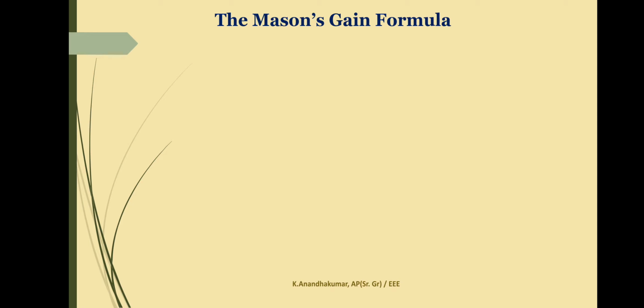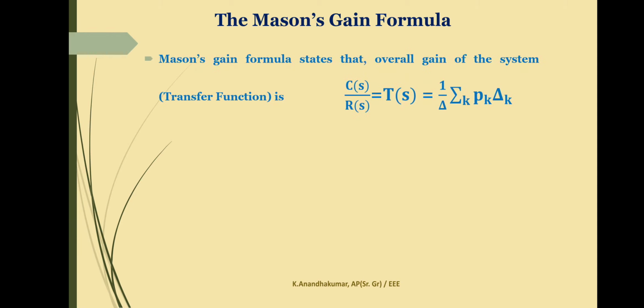Now let us see what is stated in Mason's gain formula. Mason's gain formula states that the overall gain of a system, that is the transfer function C(s)/R(s), which can also be written as T(s), is equal to 1 by delta, summation over k of Pk into delta k.